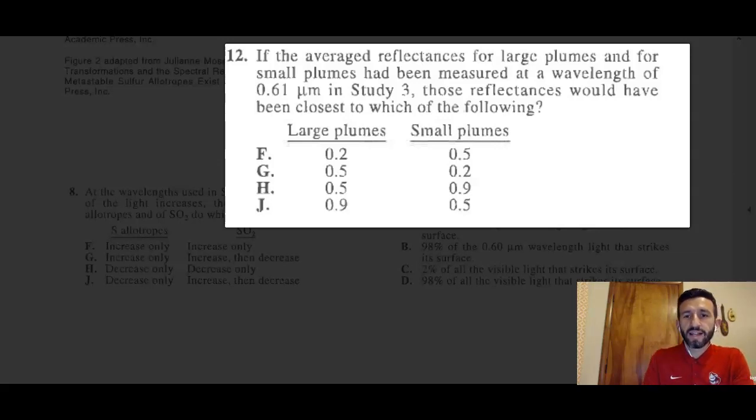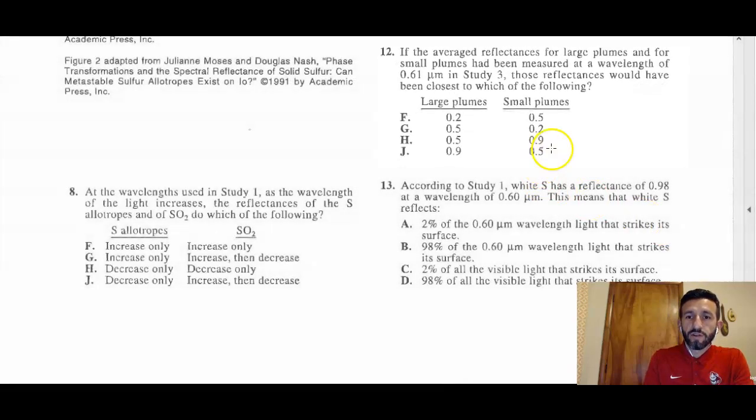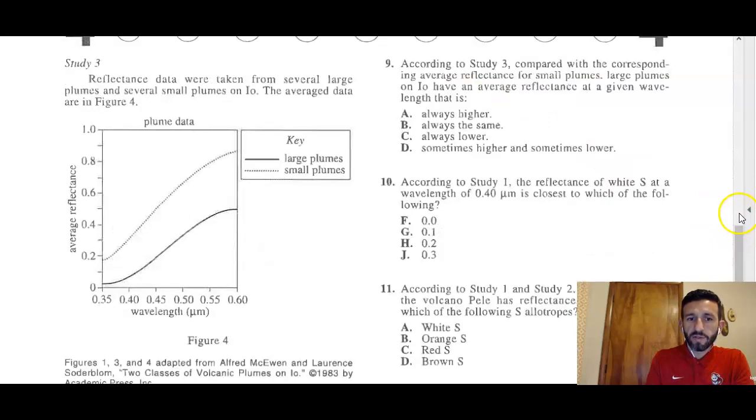Whoa, so I gotta break this down. So first of all, I'm looking at study 3, and I'm looking for large plumes and small plumes at 0.61. So if I go up to study 3, 0.61 is going to be beyond the graph.